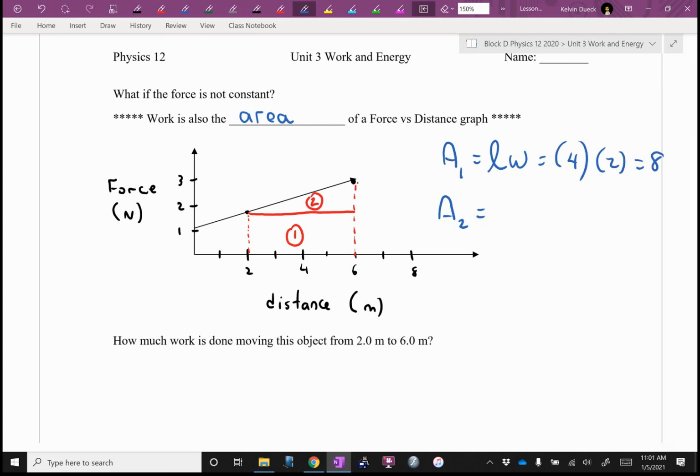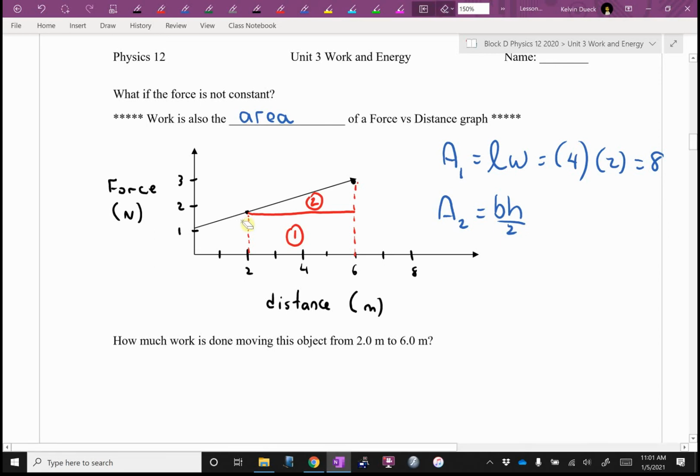What is the formula for the area of a triangle? I usually just write it as base times height over 2. It's half the base times the height. Okay. That's maybe worth memorizing just as a mathematical fact, but it's on your formula sheet. I don't think I gave you length times width on your formula sheet. I figured it was fair game for me to assume you know how to find the area of a rectangle.